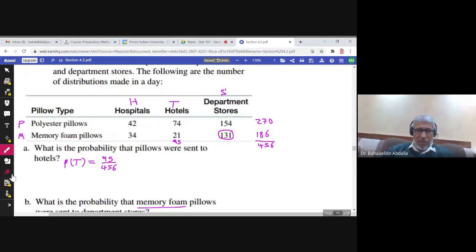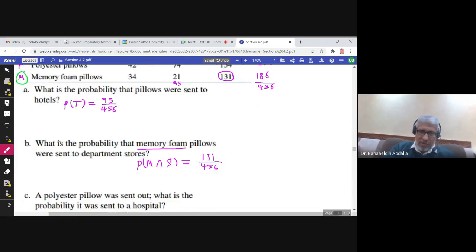I will select, for example, memory foam, and I will select hotels. I'll check whether hotels are independent from memory foam pillows. Are T and M independent or not?